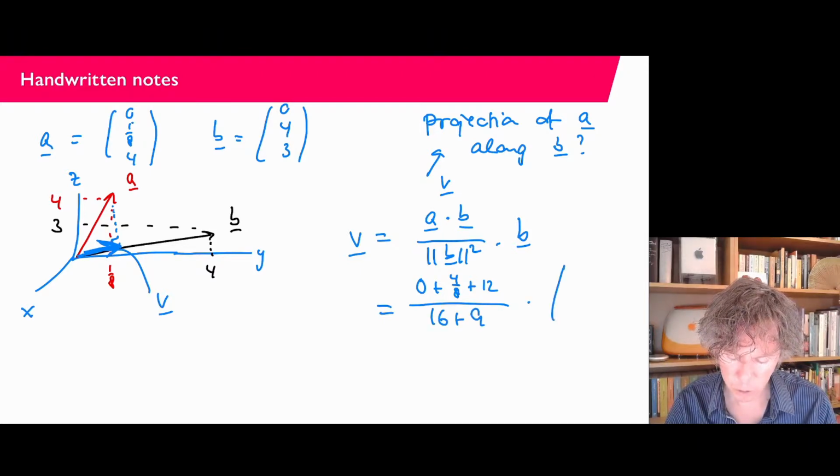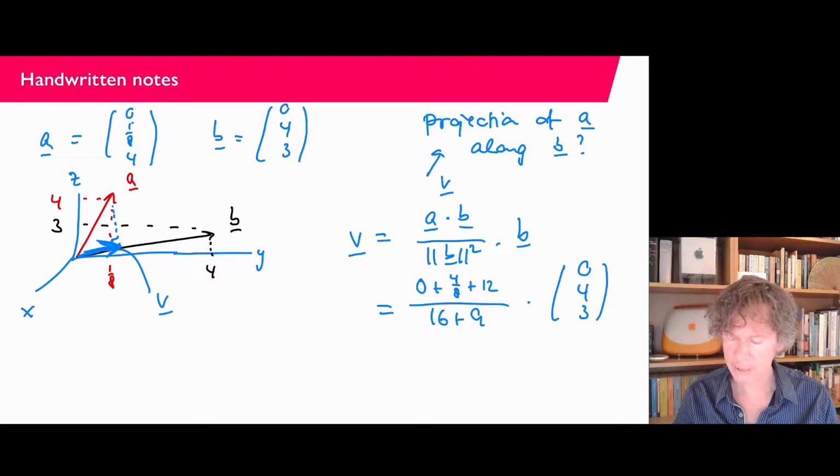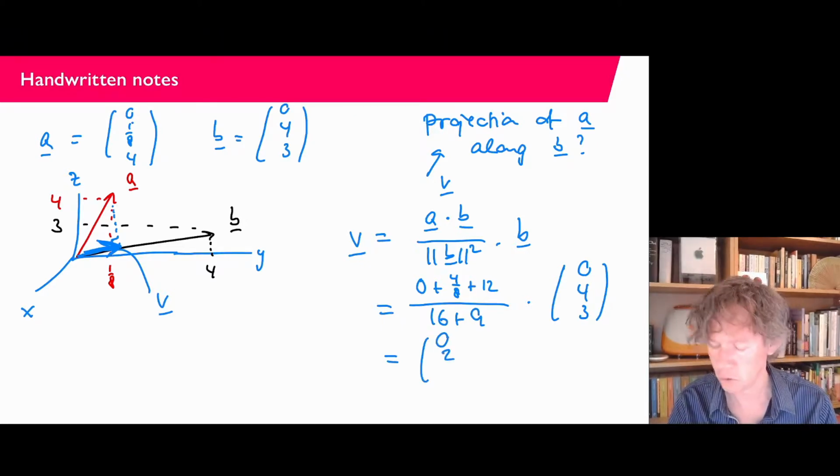And that is a number, as you see, times 0, 4, and 3. And if you compute that, you find that this equals 0, 2, and 3/2.